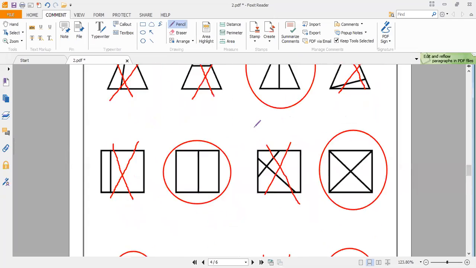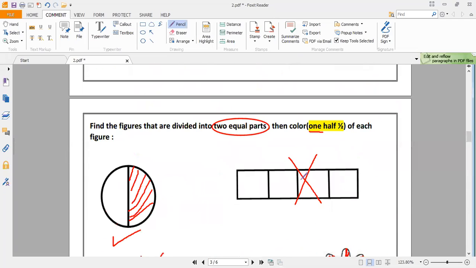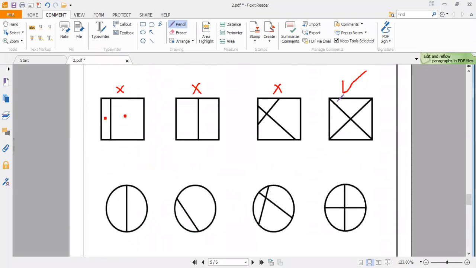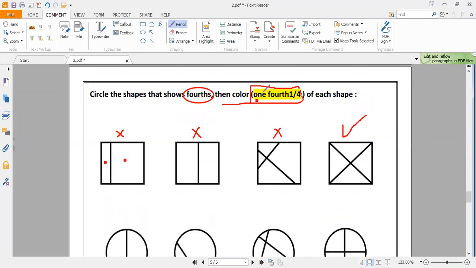We said 1/4 like 1/3 here. For example, we said 1/2 means color one part. 1/4 means color one part of the four parts. 1/4, from the word one, means I'm going to color only one part from the four parts. Okay, Sidra? Color 1/4 means color one part out of four parts. Color one part only. Okay, the next question.